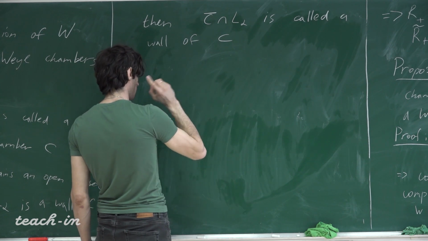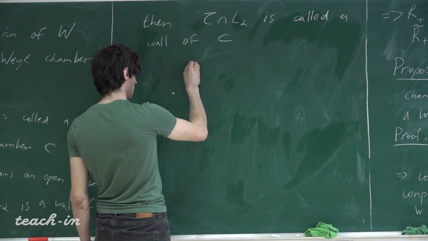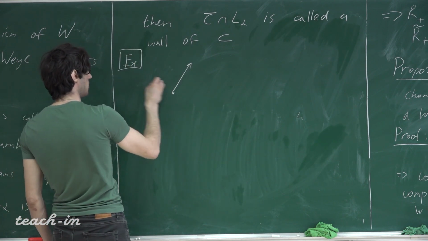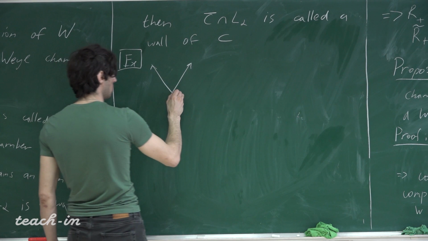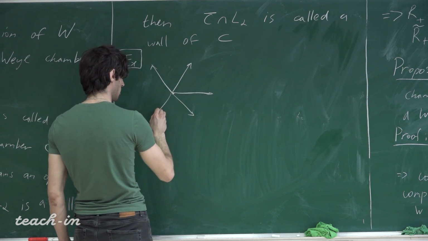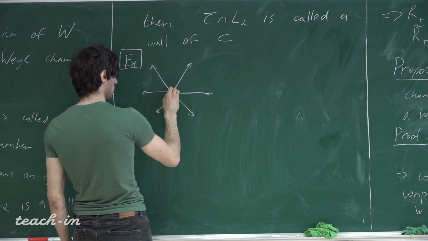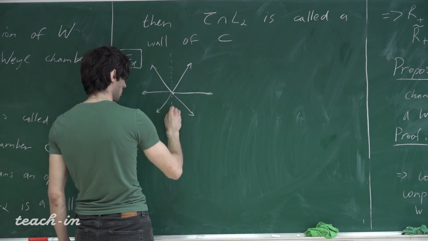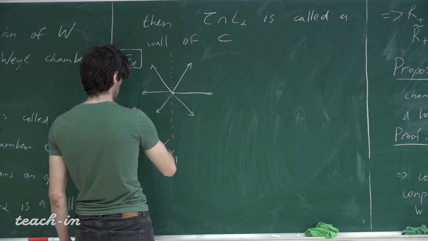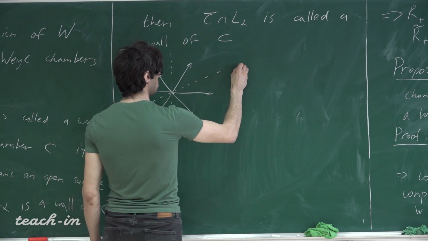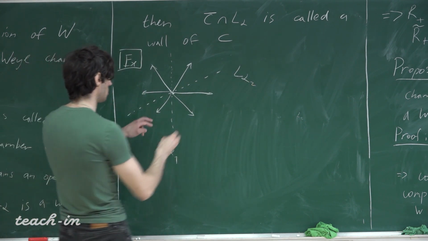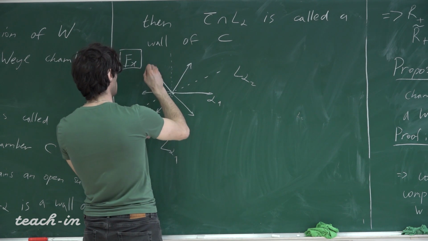Okay, so just for you to imagine what's going on, again an example in A2. Suppose you have this is L alpha 1, this is L alpha 2. This is alpha 1, this is alpha 2.